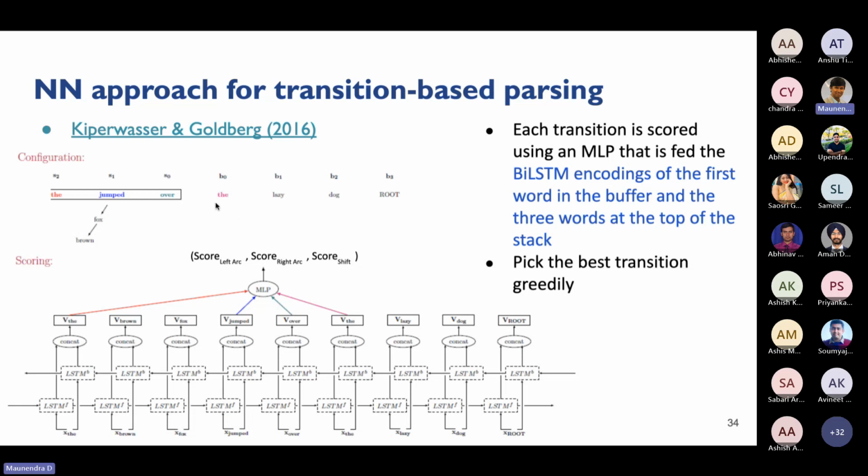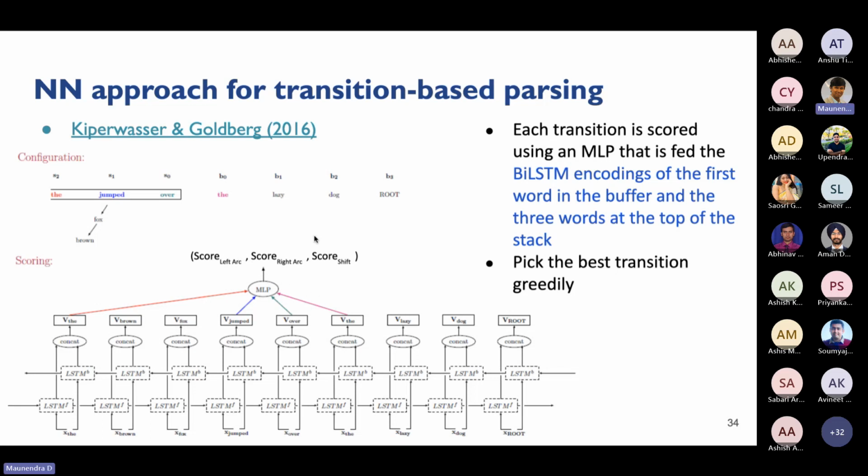So here the first word of the buffer is the, and the 3 words at the top of the stack are the jumped over. So you already have these embeddings created. You have an MLP that takes these 4 things as input, the first one from the buffer and the top 3 from the stack. And this MLP now gives you a score for the left arc, the right arc, and shift.